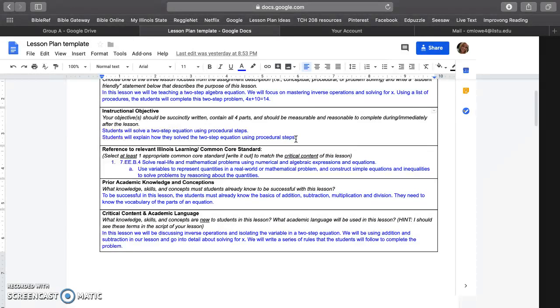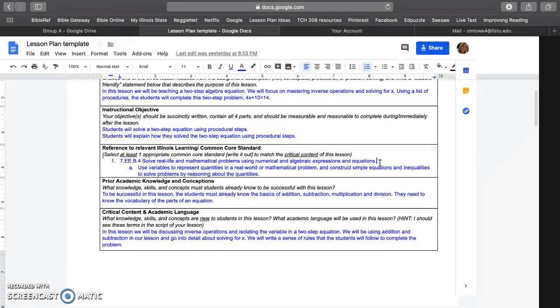And then our other objective is being able to explain it, because that also is another goal of hers, is to explain and justify her answers with only two probing questions. And here is where we have our Common Core standard, which also ties back into the objective.